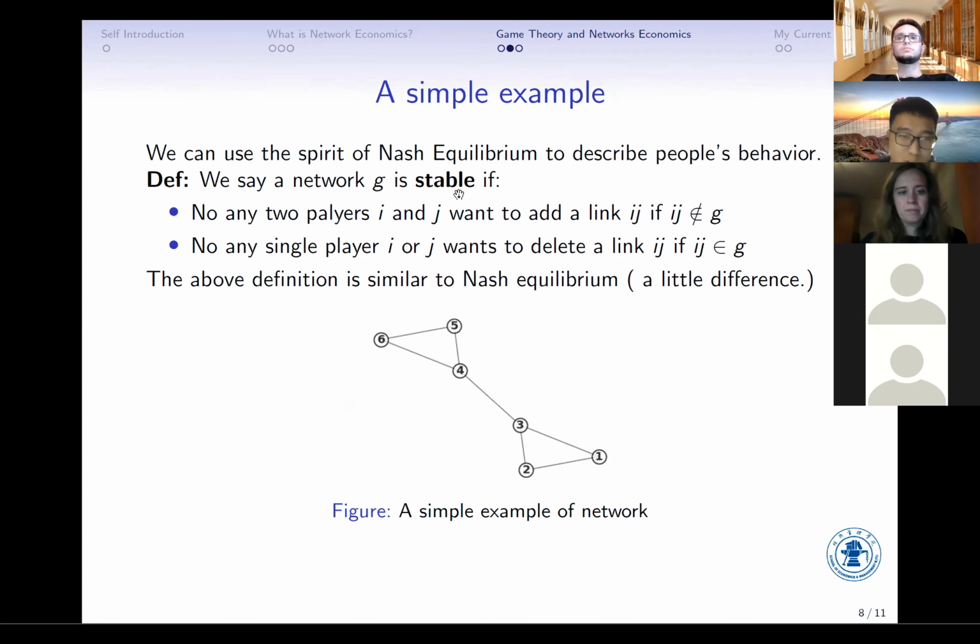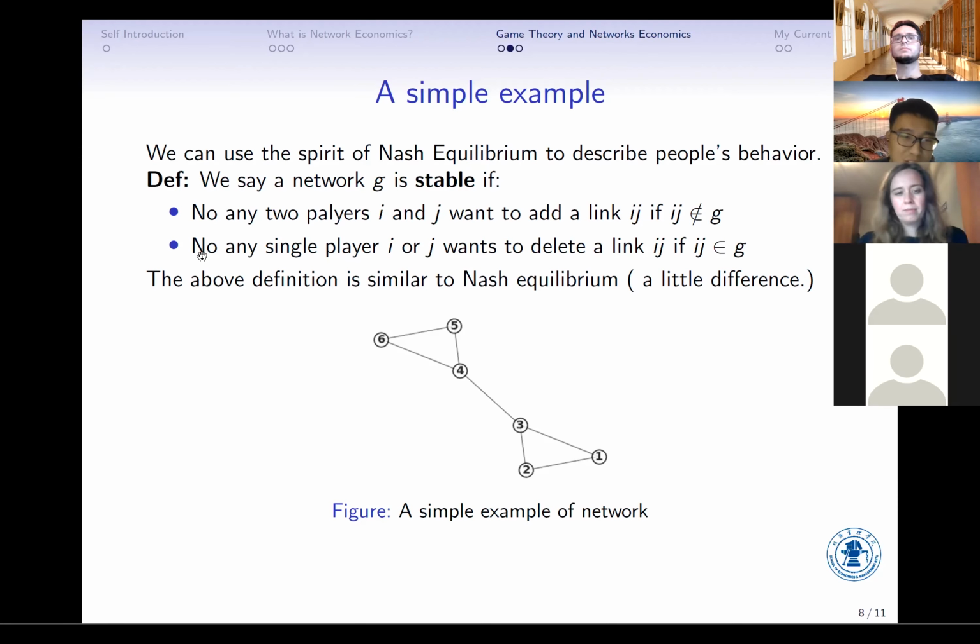We say a network G is stable if no players I and J want to add a link IJ if IJ is not in G. For example, in this figure, if the network is stable, player 5 and player 3 don't want to add a link to each other.